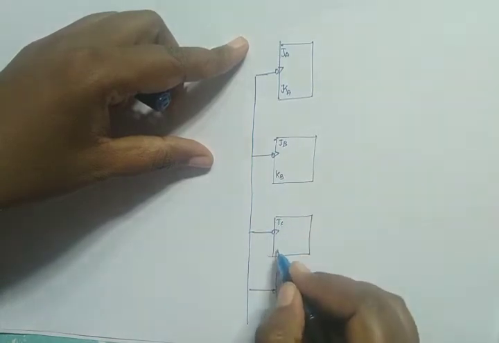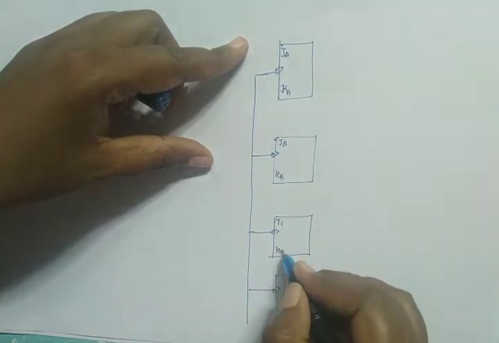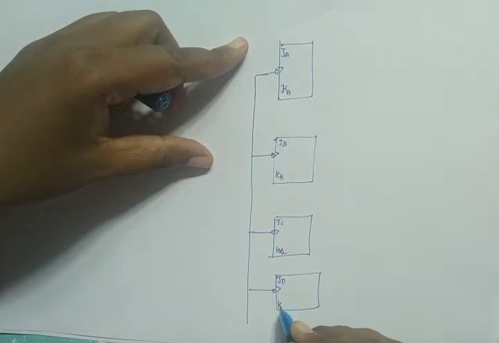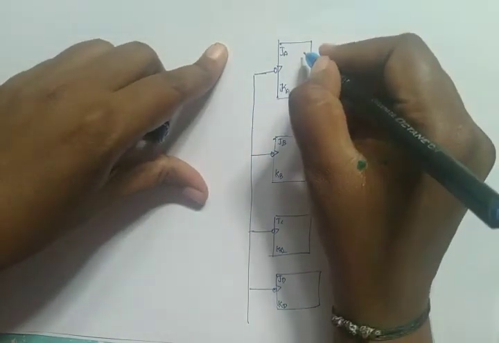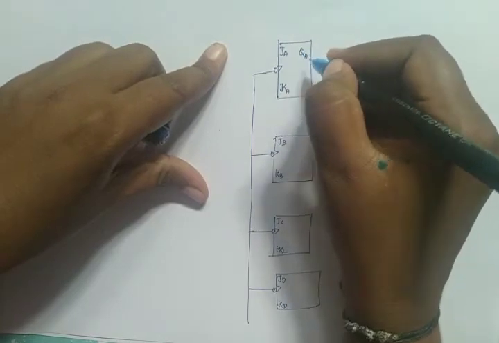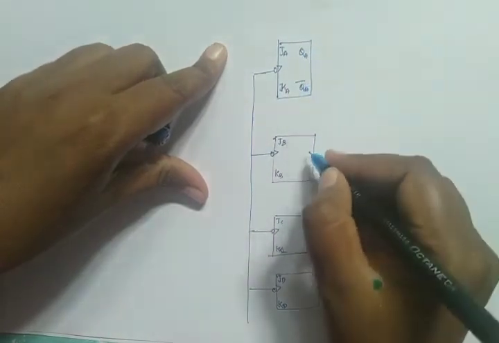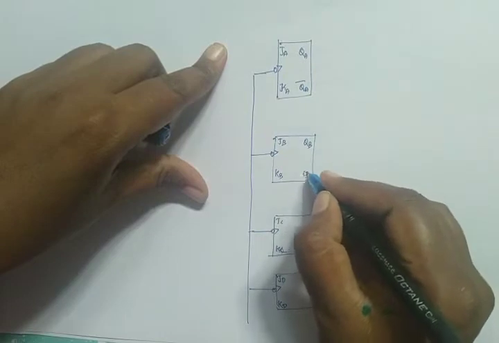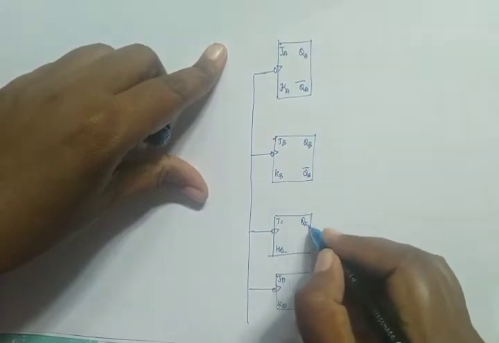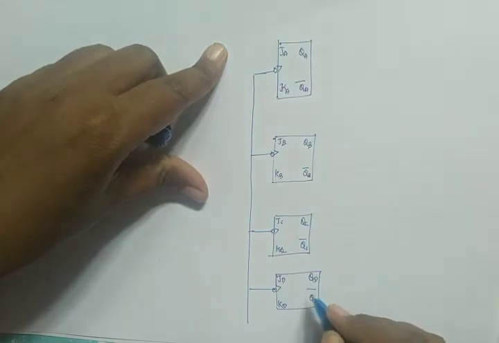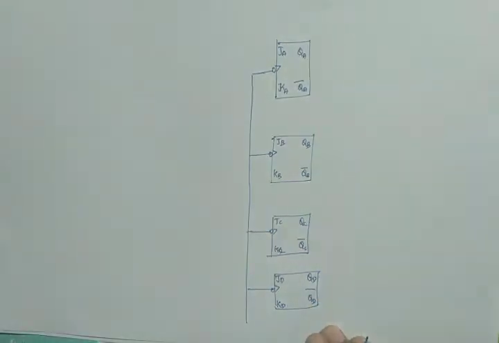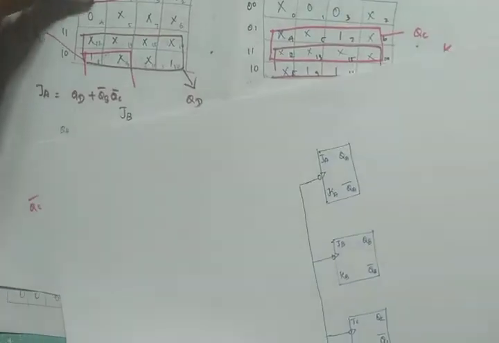Here it is JC KC. This is C. And here it is JD KD. So we have represented the flip-flops. And what are the outputs we have? QA or we have QA bar. We will have either QB or QB bar. QC, QC bar. QD, QD bar.